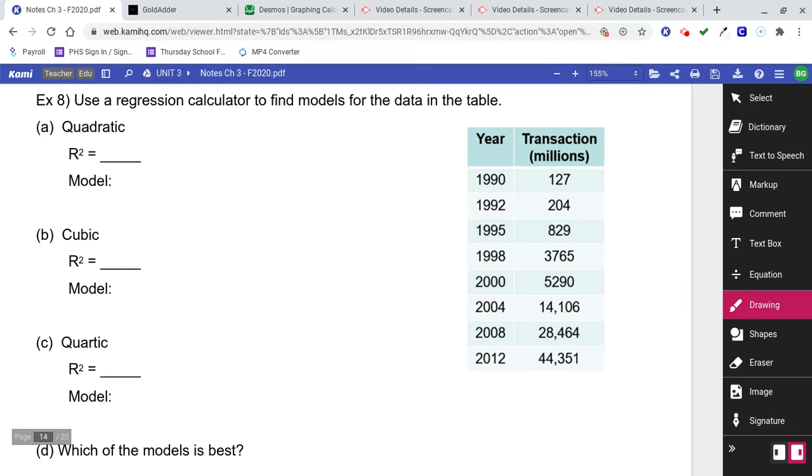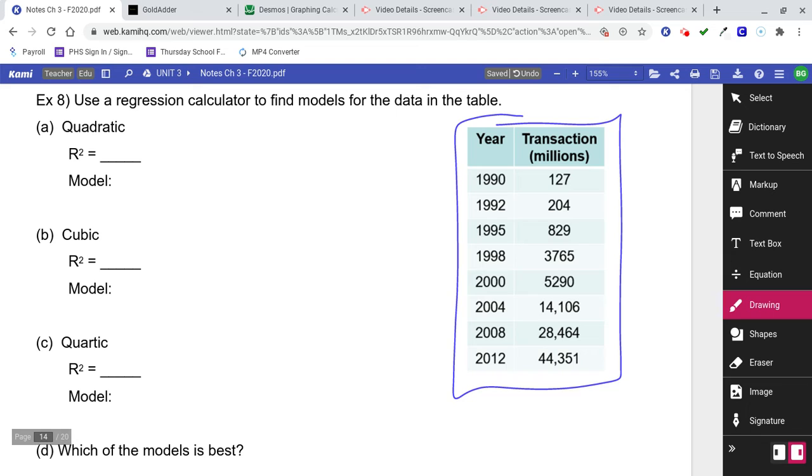Problem 8, last one. Use a regression calculator to find models for the data in this table. Okay, we've got 3 different questions here, and the question is usually something like, what equation fits these data?